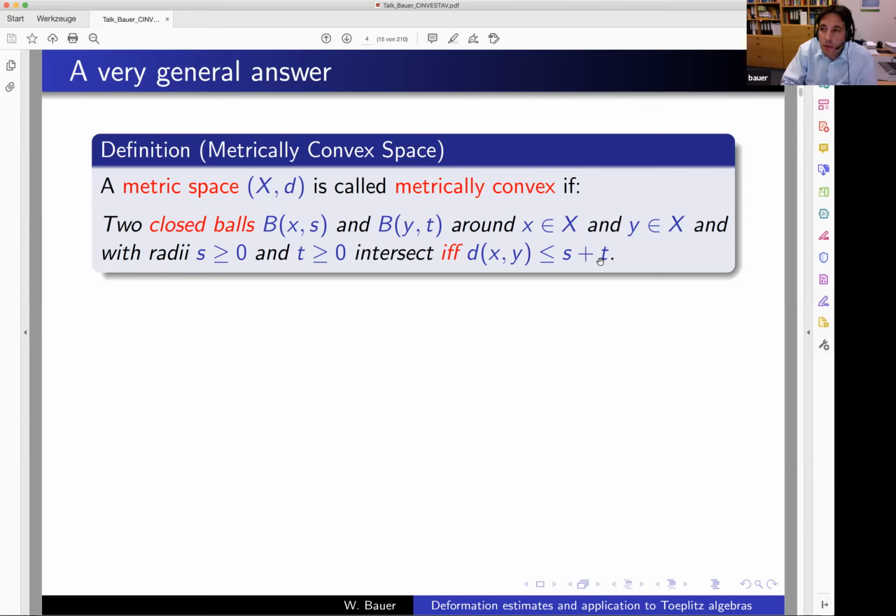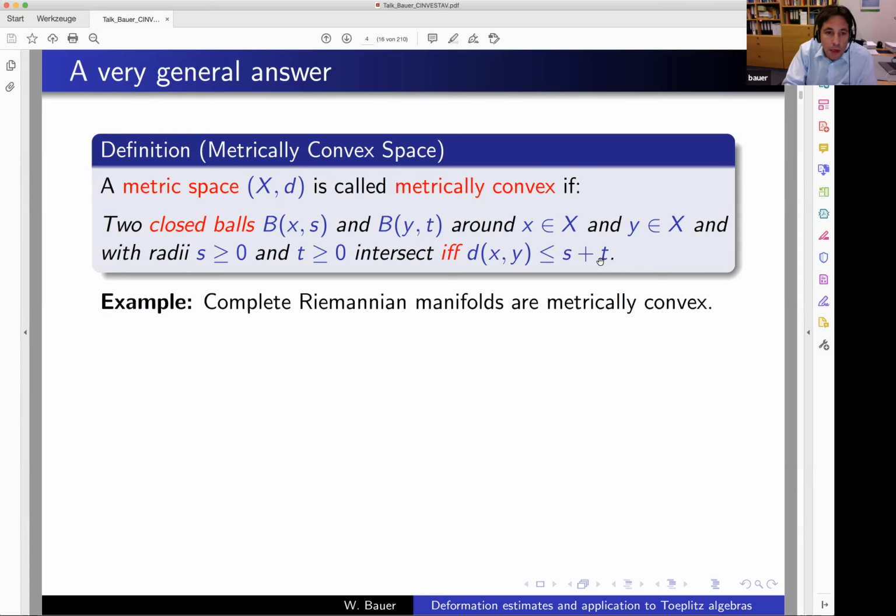And if you think about this condition, then probably every reasonable configuration would be of that type. And in fact, for example, complete Riemannian manifolds are metrically convex, so that looks like a very natural condition.